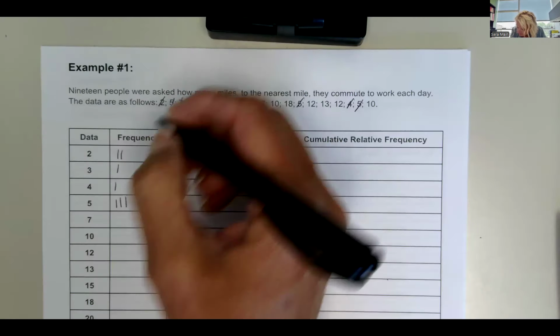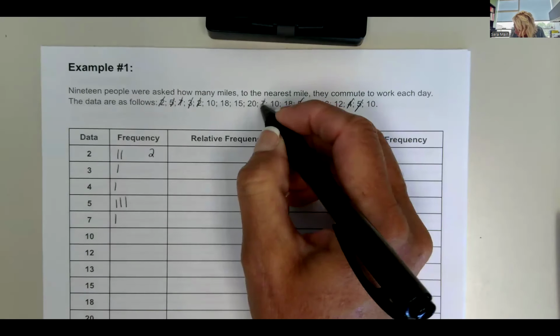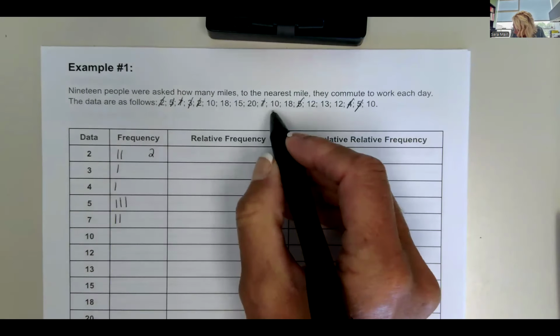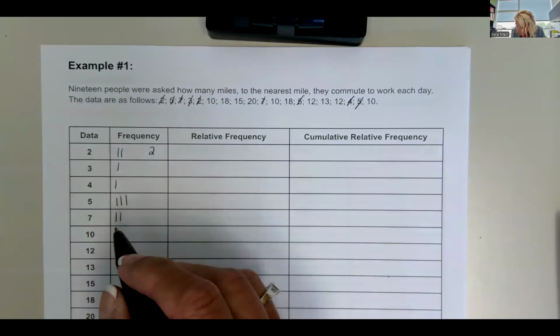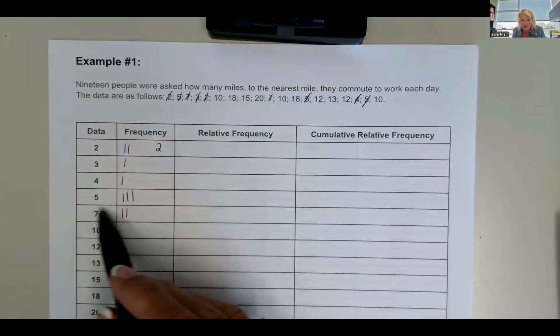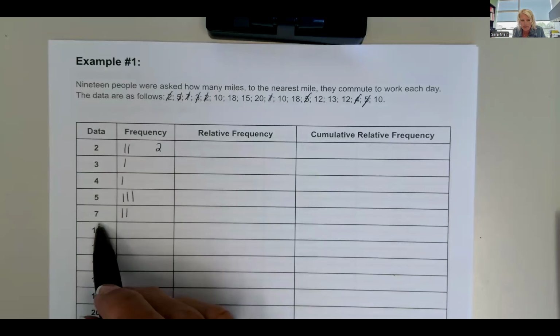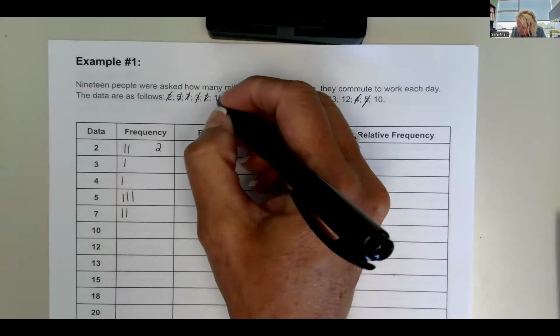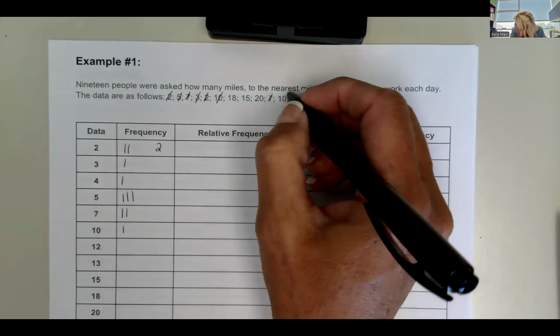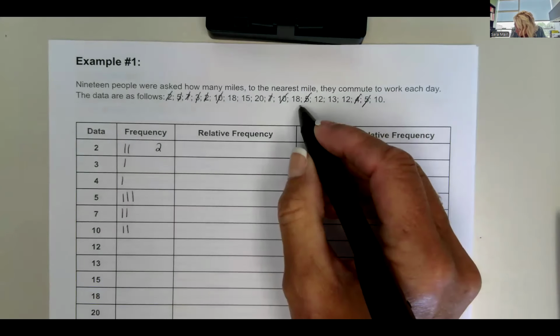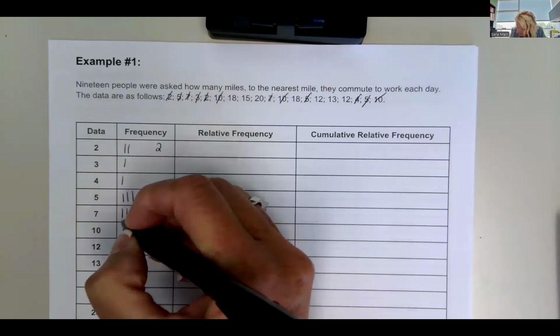And then 7, there's 1, and another 1. Because we don't have any 6s, I didn't put 6 here. We don't have any 8s or 9s. I don't have those on the list, so we skip to 10s. We've got 1, 2, 3. And before I mark the numerals, I'm going to make sure I have the correct number.